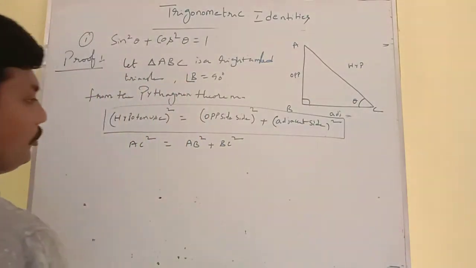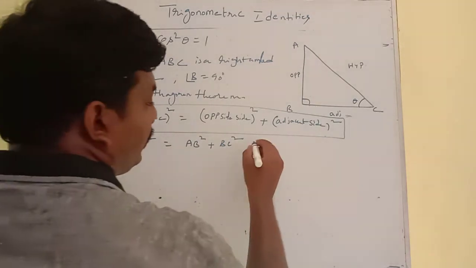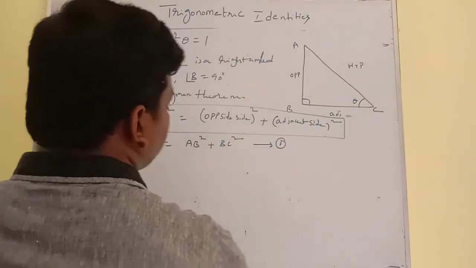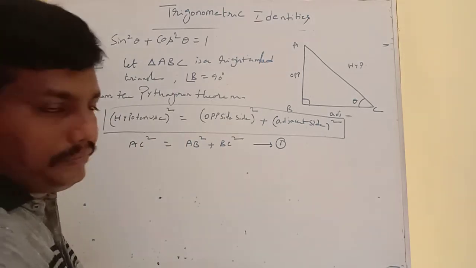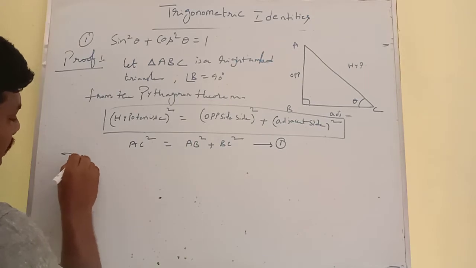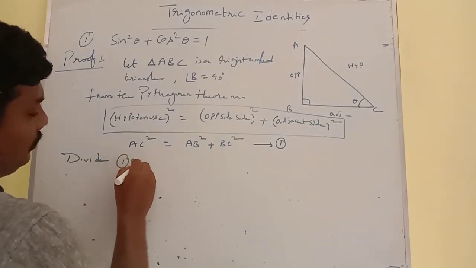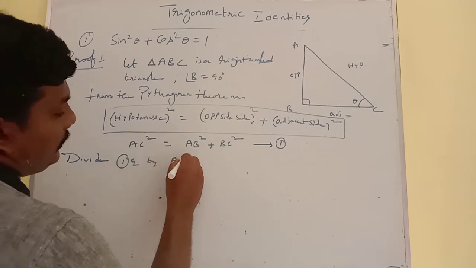Now I am going to divide this first equation, the Pythagoras theorem equation, by AC square.